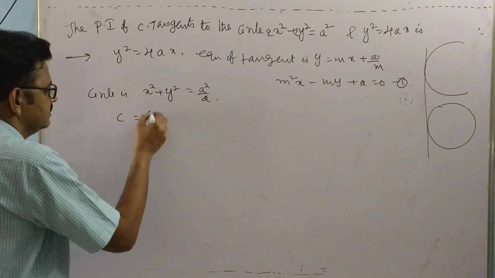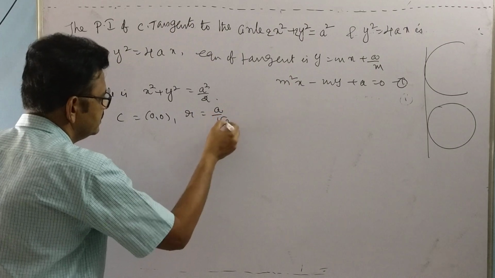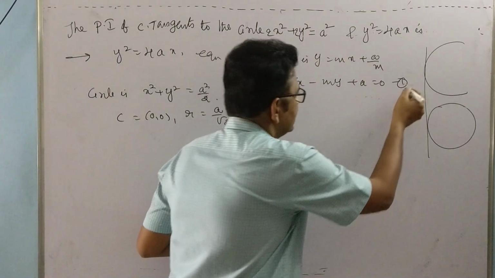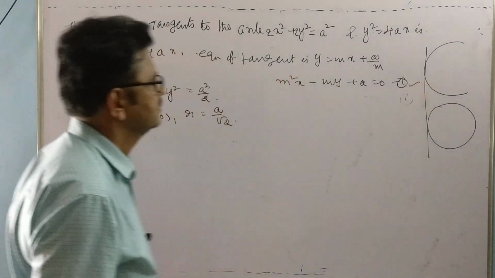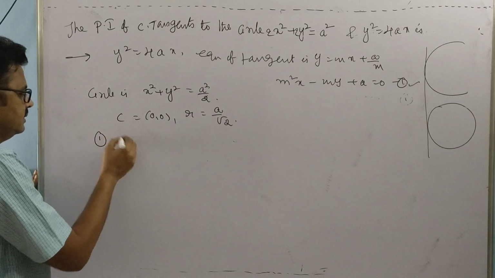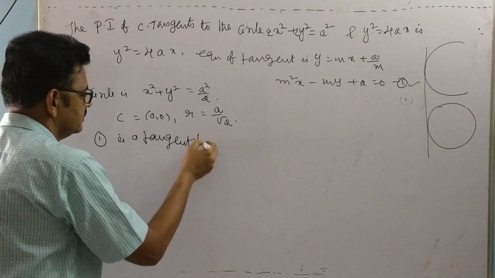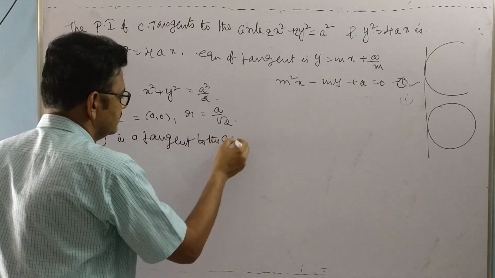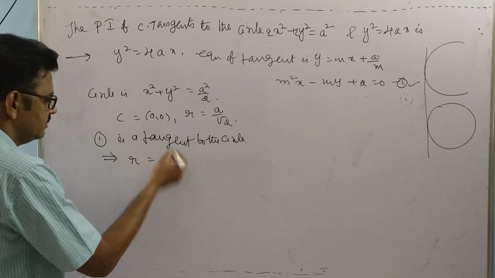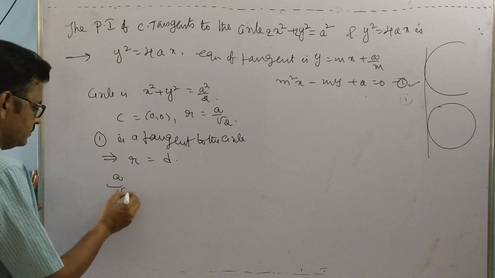Center of circle 0, 0. Radius is a by root 2. Since the line 1 is a tangent to the circle, the condition for tangent is r equal to d, where r is a by root 2.